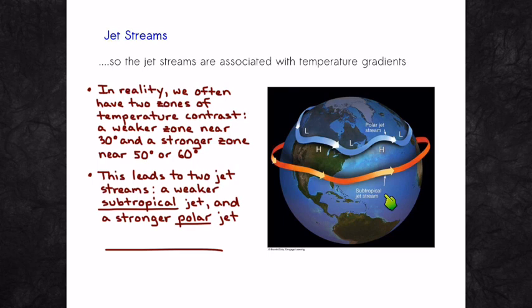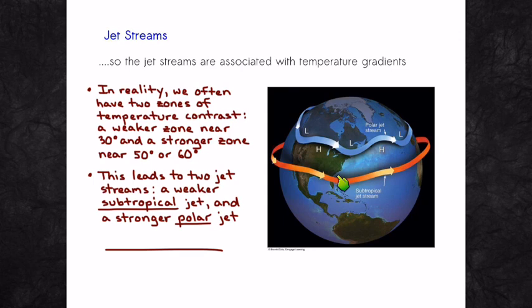The thing I want to point out is that the subtropical jet, although it is tied to a temperature contrast, has a temperature contrast that is mostly just in the upper troposphere. There's not a whole lot of signal of this temperature contrast down near the ground. And so as a result, this jet stream is located pretty high in the atmosphere.